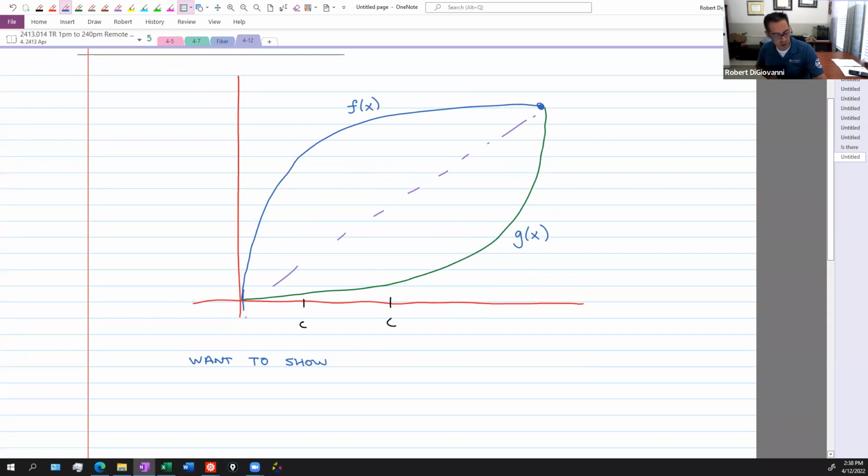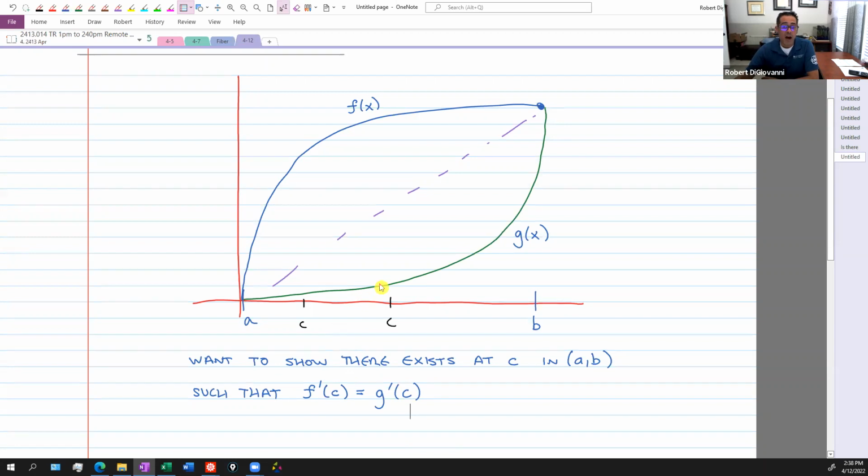Let's call the starting time A and the ending time B. I want to show there exists a C somewhere in between A and B such that they're going the same speed, which means that the derivative at C for the f function is equal to the derivative at C for the g function.